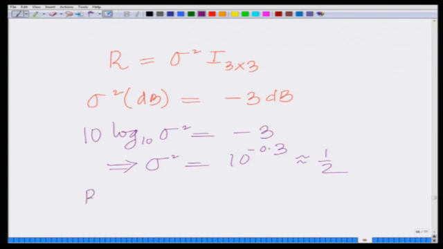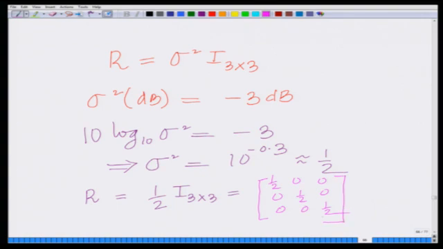Therefore, R equals half, that is sigma square, times the 3 cross 3 identity matrix, which is a matrix with half, half, half on the diagonal and zeros everywhere else.